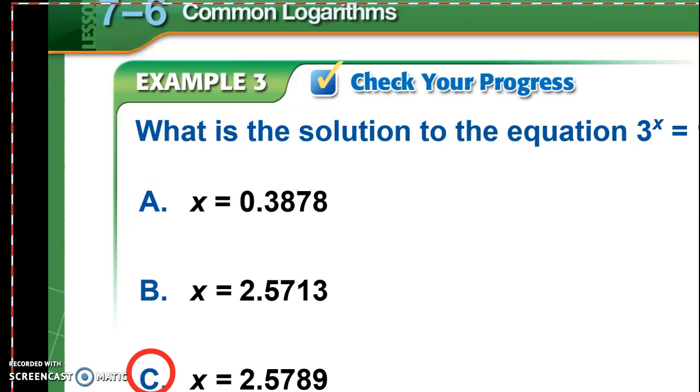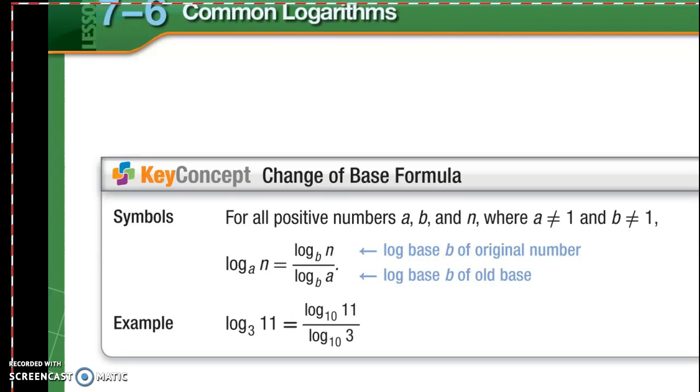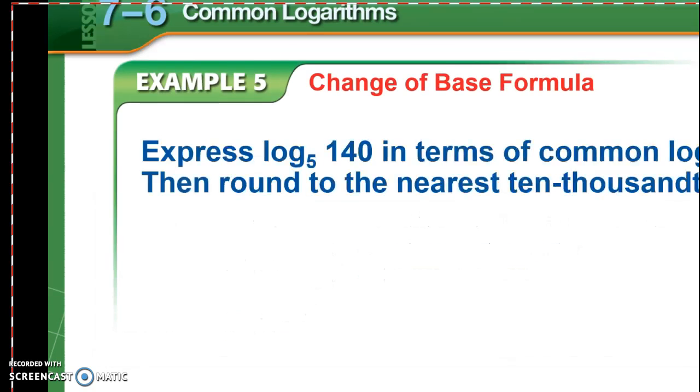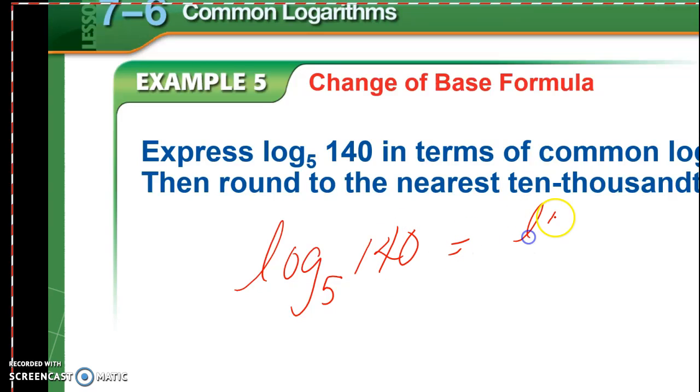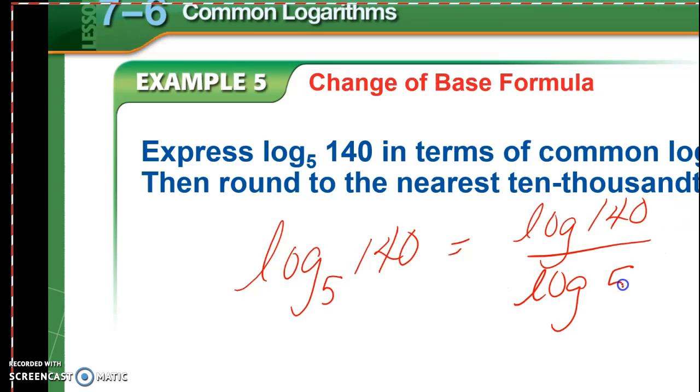All right, the last part we're going to look at is the change of base. On most TI-84s and above, you can put this whole log in and get a number. But if you can't, we can take this, which also equals the log of 11 divided by the log of 3. So here I could rewrite log base 5 of 140 as the common log of 140 over the common log of 5, and then plug that into my calculator.